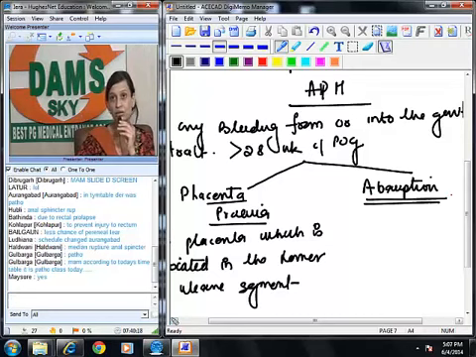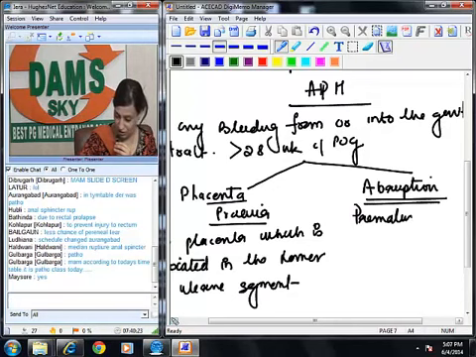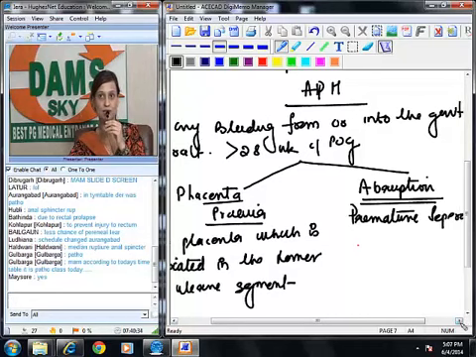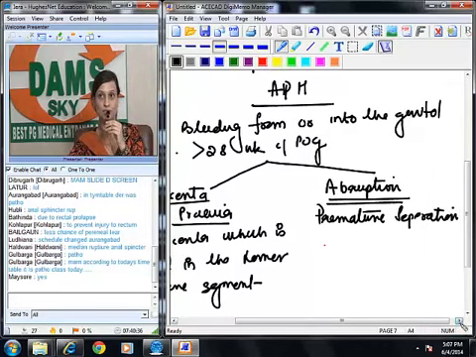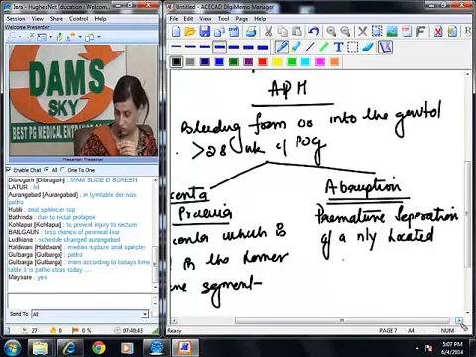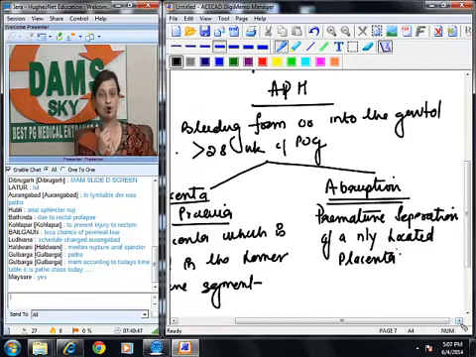What is abruption? Abruption is premature separation of a normally located placenta.